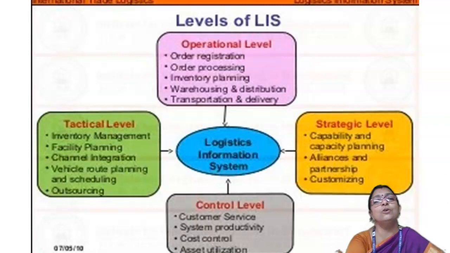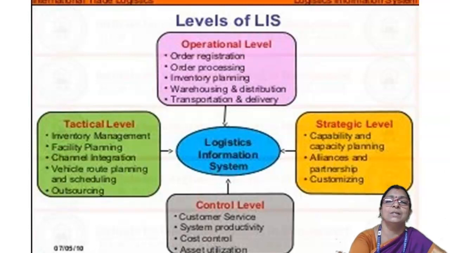The last one under tactical control is customizing. So customizing of services will involve the introduction of value-added services and resource commitment. So this logistics system needs to help in the evaluation of the decision for the benefit and the cost of customization. So which consumers will need customization, their business volume, whether the returns on these customized services are worth the committed resources.